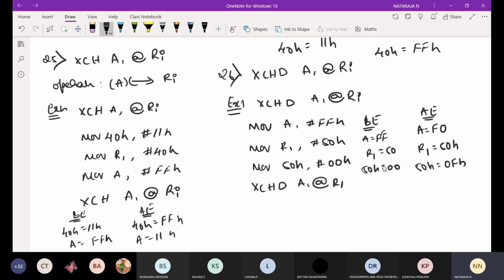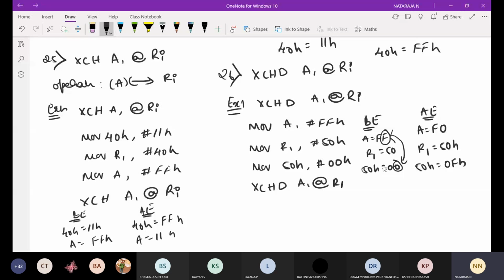Here, whatever the value, the lower nibble of the data will be interchanged. That is exchange digit of A comma at RI.